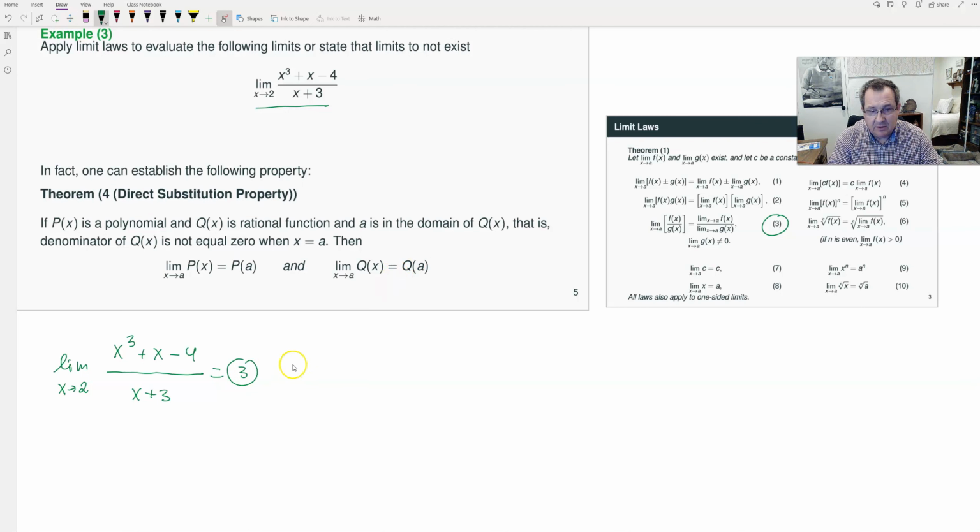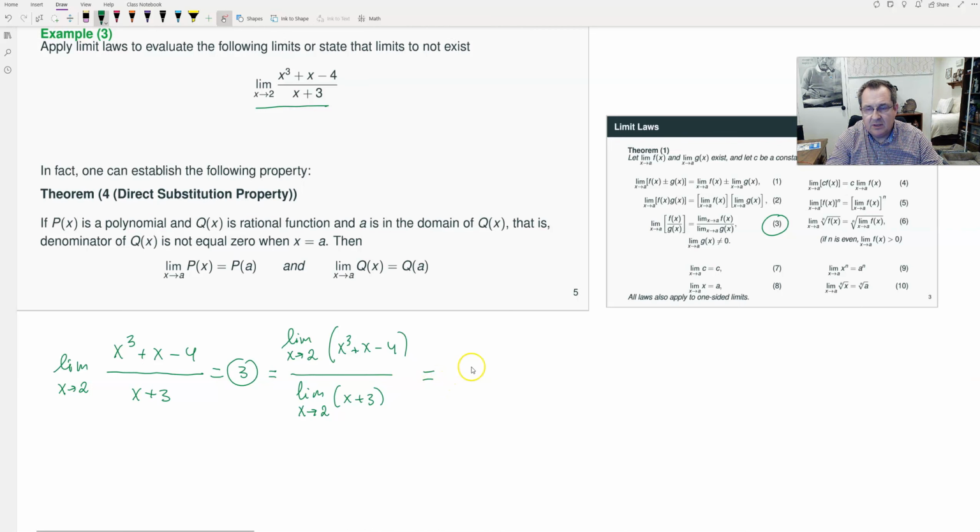But for the time being, let us replace the limit of a fraction with the fraction of the limits. So we will have the limit as x is approaching 2 of x cubed plus x minus 4 in the numerator, and the limit as x is approaching 2 of x plus 3 in the denominator.